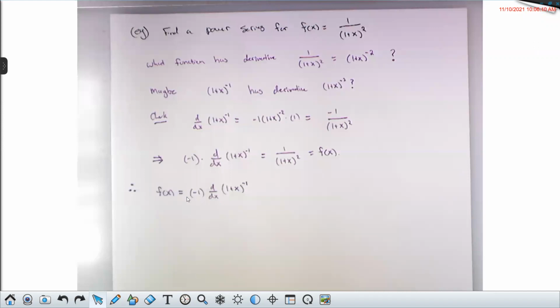So the thing I want a power series for is negative 1 times the derivative of this thing. If I can find a power series for this thing, I can then differentiate that power series and then multiply by negative 1, and Bob's your uncle. You've got the function you want.